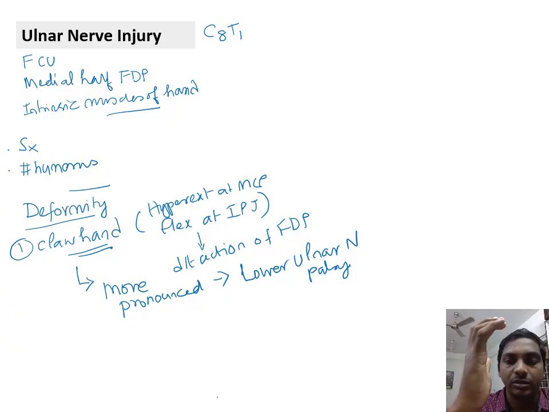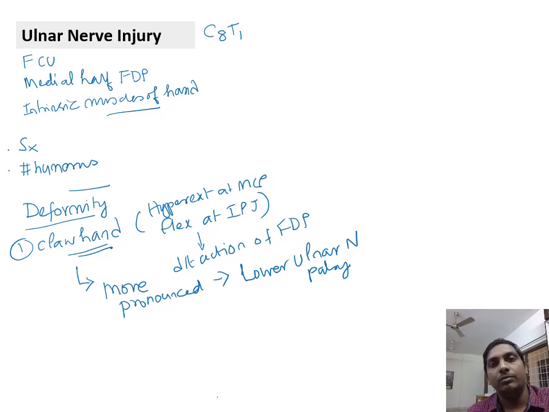So the clawing is not more prominent when the lesion is very high. Generally, whenever a lesion is higher, the deformity will be more. But in the ulnar nerve, when the lesion is at the level of the elbow, the flexor digitorum profundus will also get paralyzed. So there won't be flexion at the interphalangeal joint, and the clawing will be less pronounced.